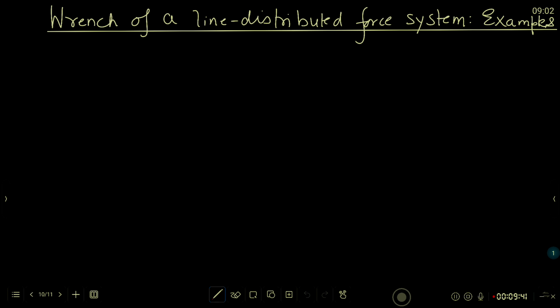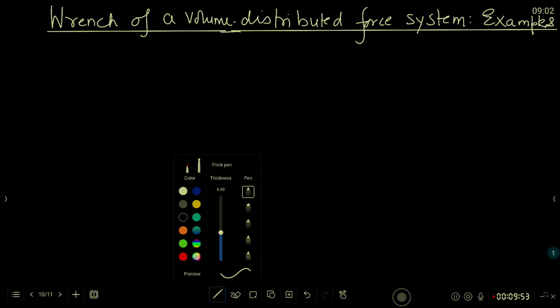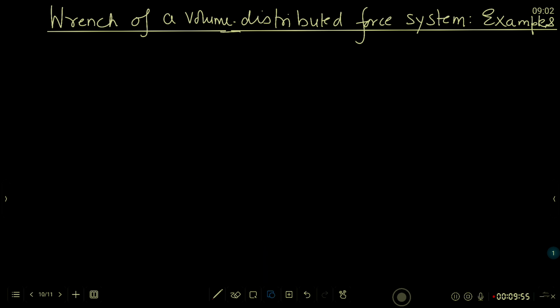So we'll say wrench of a volume distributed force system, and the example I am going to take is of gravitational force.